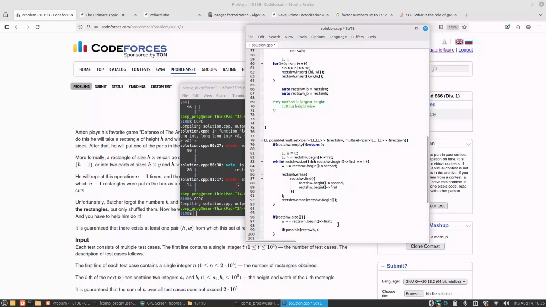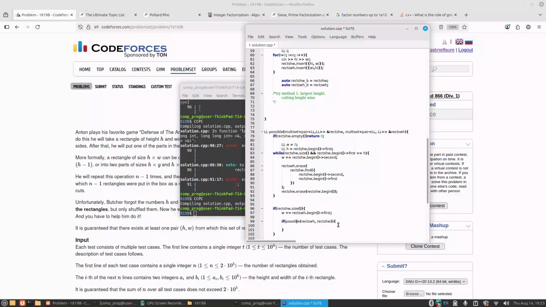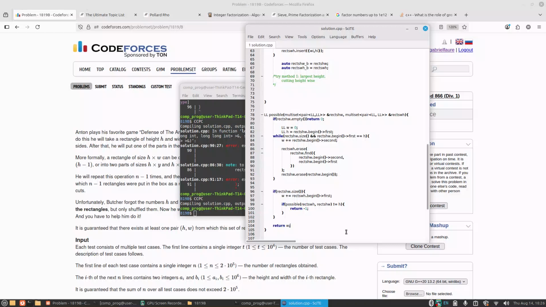Rex. If it's not the same as the height, you return -1. Oh.